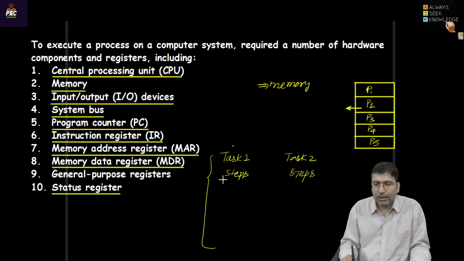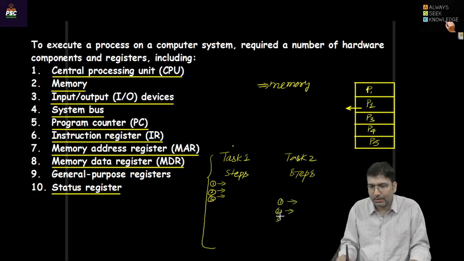So I will execute some steps of task 1, then I maintain a record of how many steps I have executed of task 1, let's say 3 steps, and then I start executing the steps of task 2. The first step of task 2, second step, third step, fourth step, and then again I start.